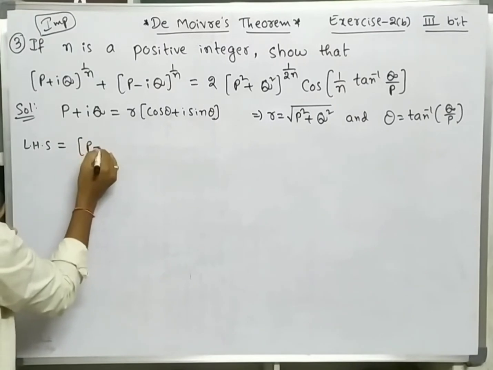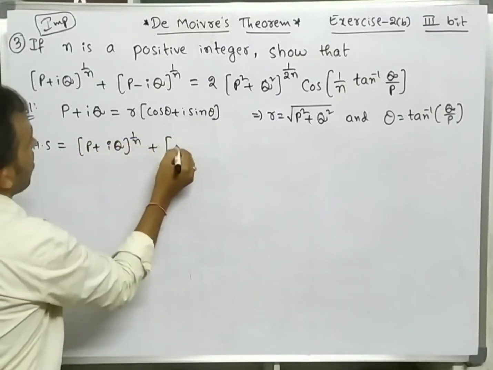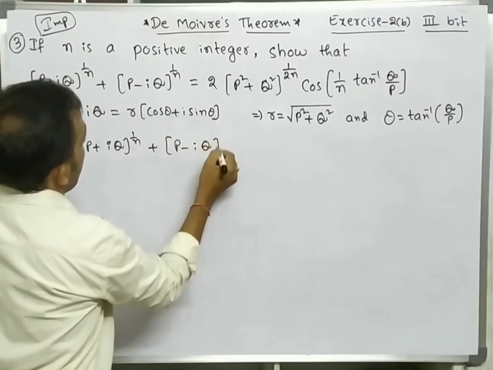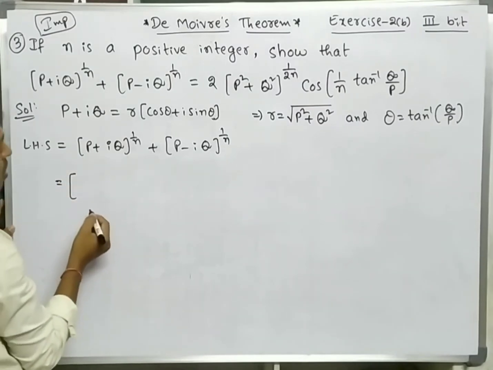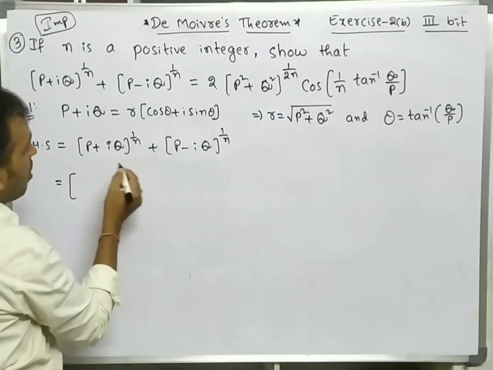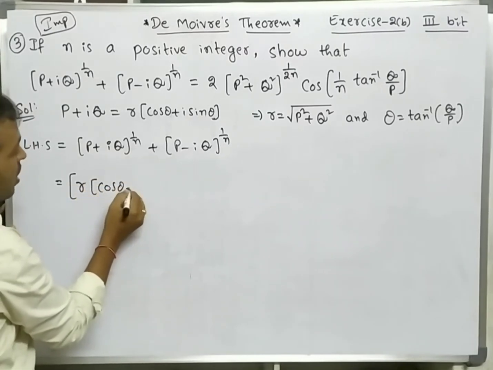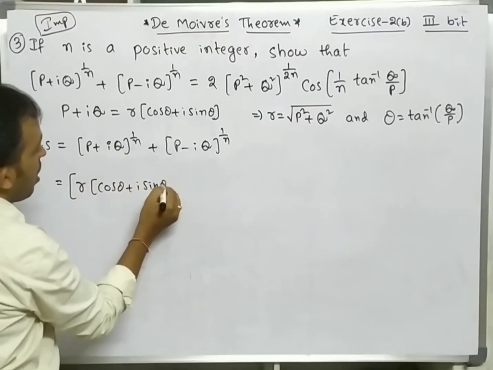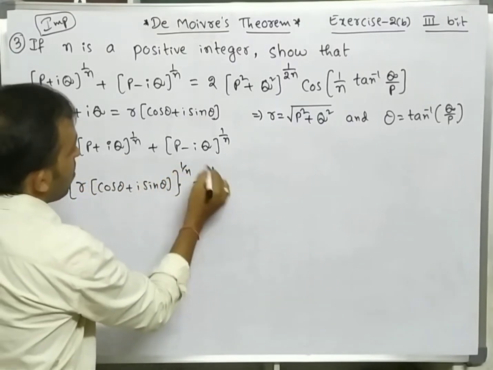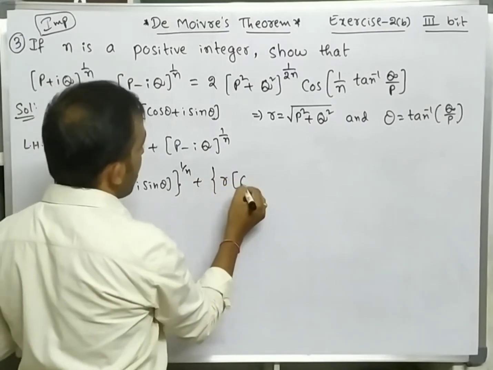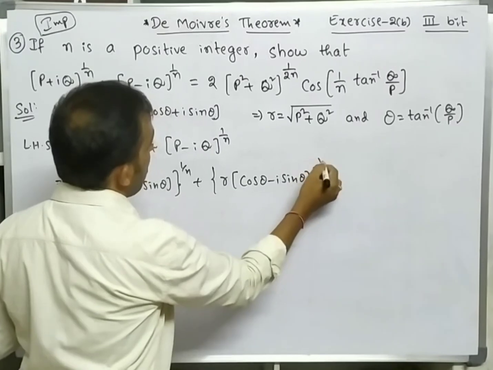Now take the left hand side part. What is the left hand side part? p plus iq whole power 1 by n plus p minus iq whole power 1 by n. Here p plus iq can be written as r into cos theta plus i sin theta whole power 1 by n, plus p minus iq can be written as r into cos theta minus i sin theta whole power 1 by n.